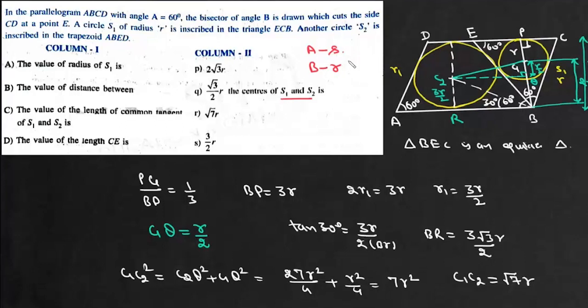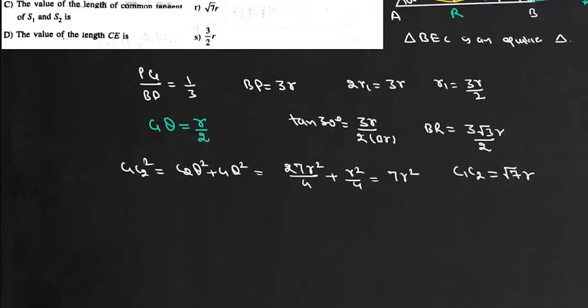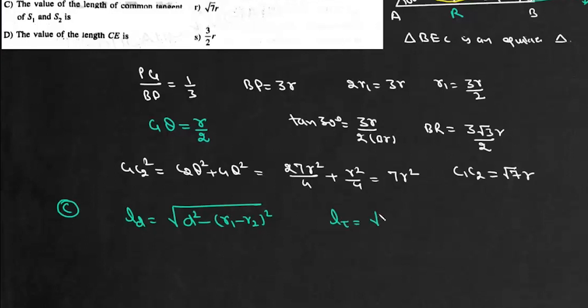Now C is the length of the common tangent of S1 and S2. Now they'll have a direct common tangent as well as a transverse common tangent. So for the C part, we'll calculate the length of the direct common tangent, and it is given by under root of D square minus R1 minus R2 whole square, and the length of the transverse common tangent is under root of D square minus R1 plus R2 whole square.